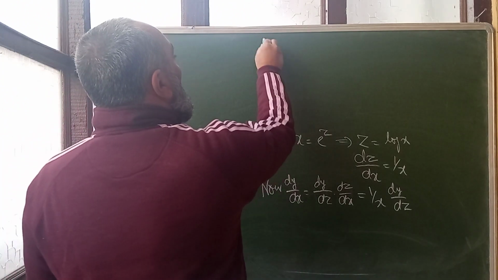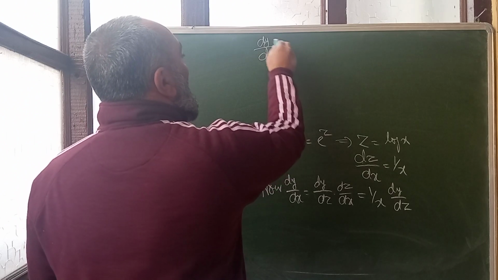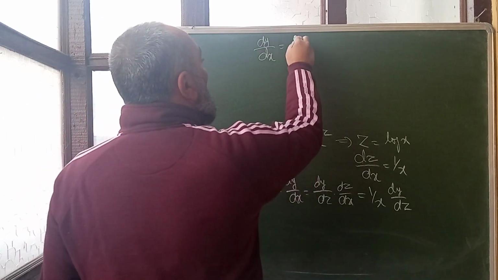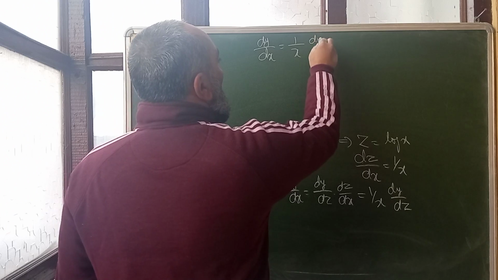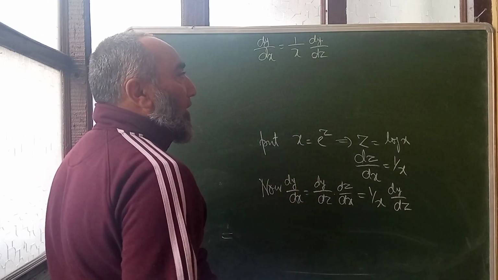So I have dy by dx equal to 1 by x dy by dz. The derivative of y with respect to x is nothing but 1 by x times the derivative of y with respect to z, when I have chosen x equal to e to the power z.